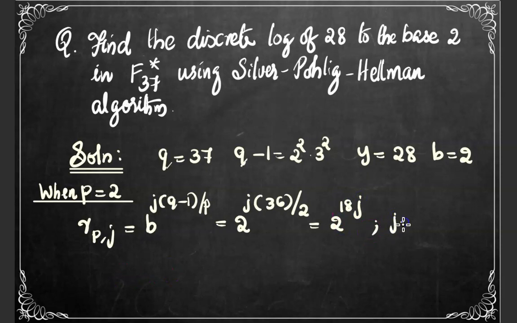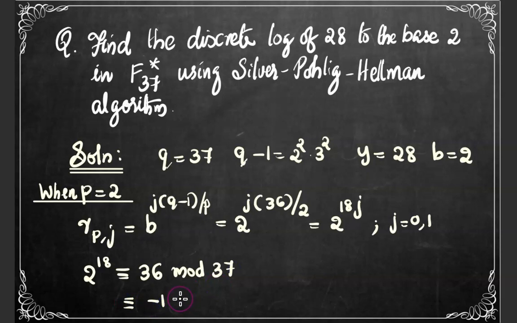Here j varies from 0 to p minus 1, that is, the values of j will be 0 and 1. Now for convenience, let us calculate the value 2 raised to 18 first and reduce it modulo 37. We can see that 2 raised to 18 is congruent to 36 modulo 37. So this can also be written as a quantity congruent to minus 1 modulo 37.